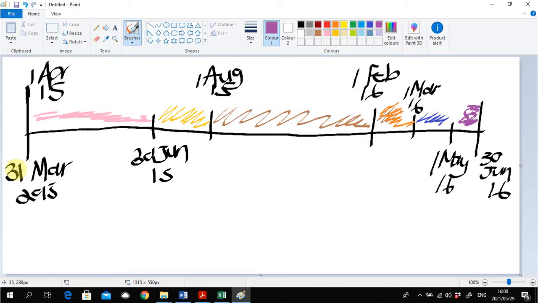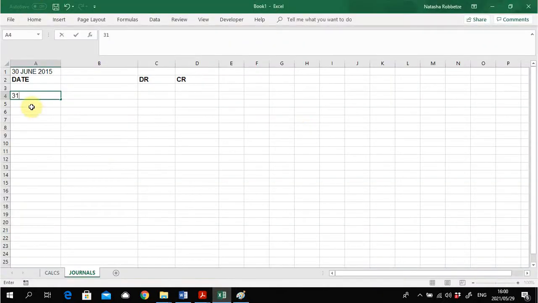So the first thing we need to do is we're on 31st of March 2015. And here we obtain a loan. So I'm going to say we pay it into a savings account because they said all the excess funds are in a savings account. And then I'm going to say I credit the general loan. Please note how I do not account for the bank overdraft, because the bank overdraft is not recorded through a general journal entry.